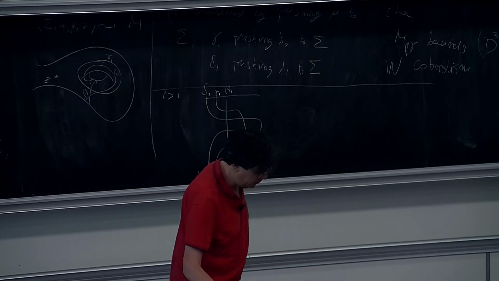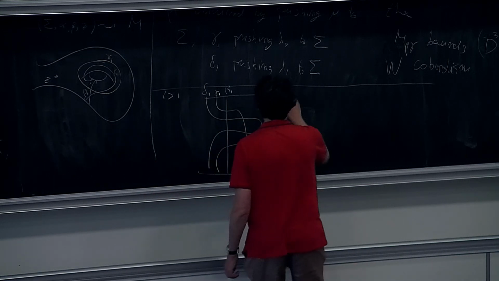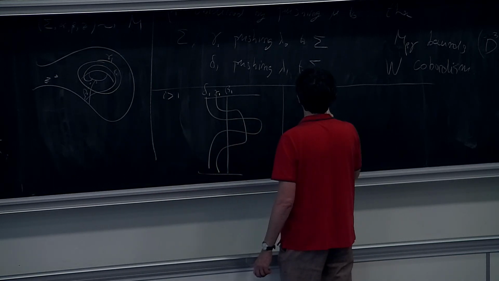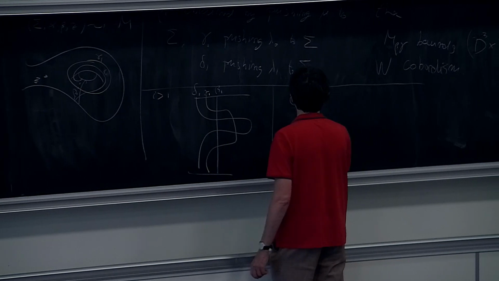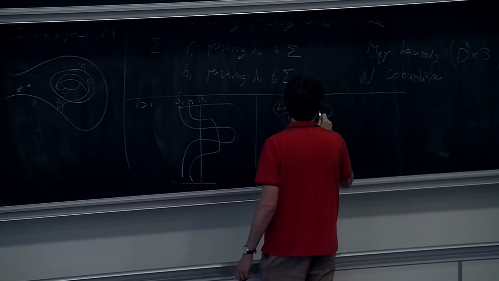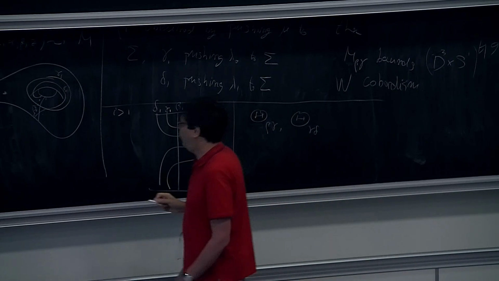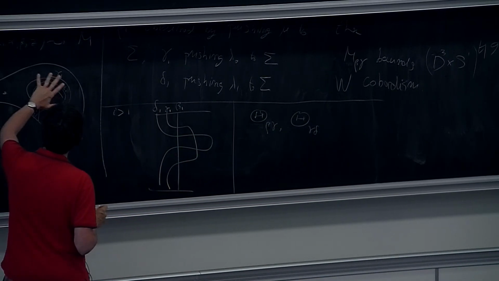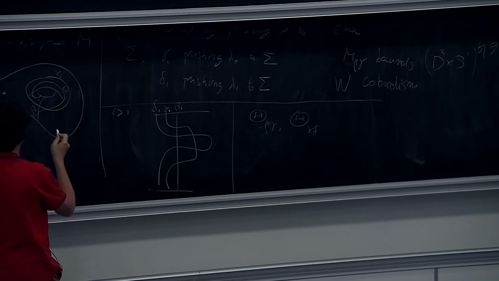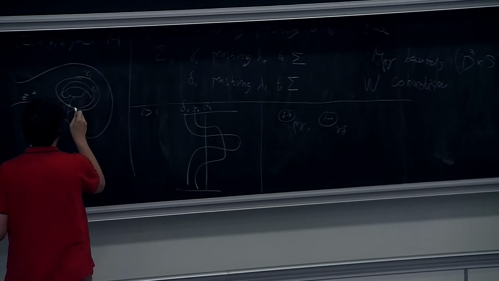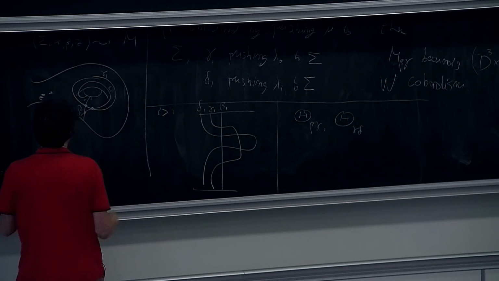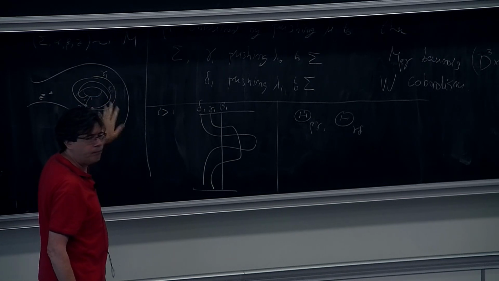And here we have canonical intersection points theta beta gamma and theta gamma delta, which are obtained in the following way. Between the alpha 1, beta 1, and gamma 1, they all intersect in one point, so we have no choice. We have to take the unique intersection points.